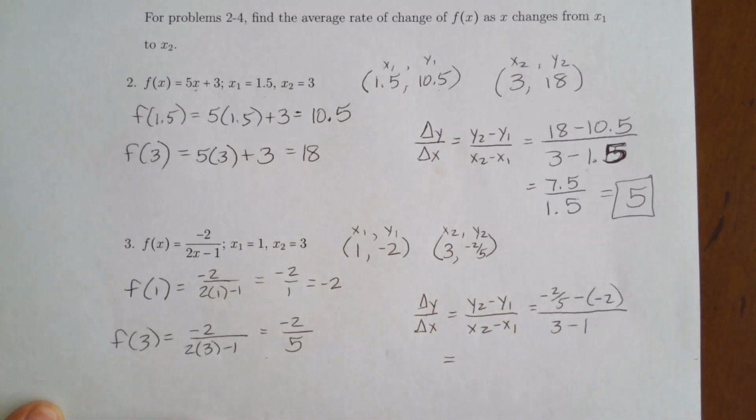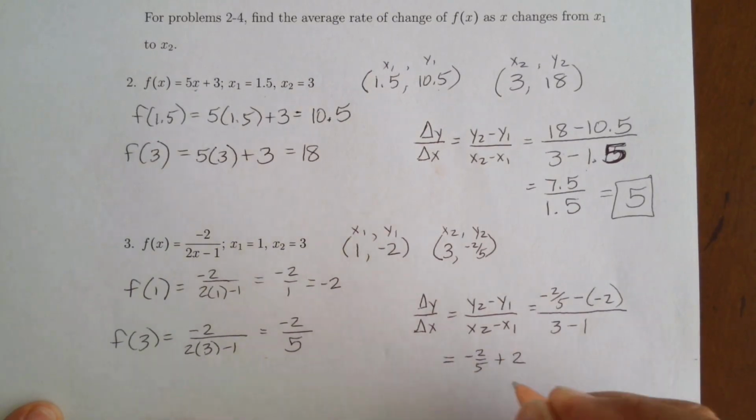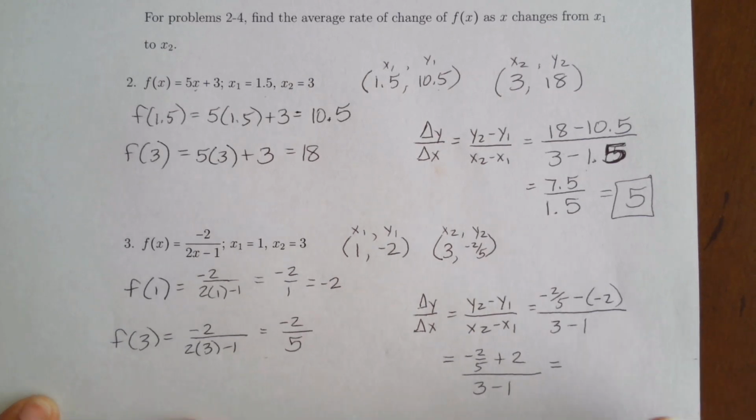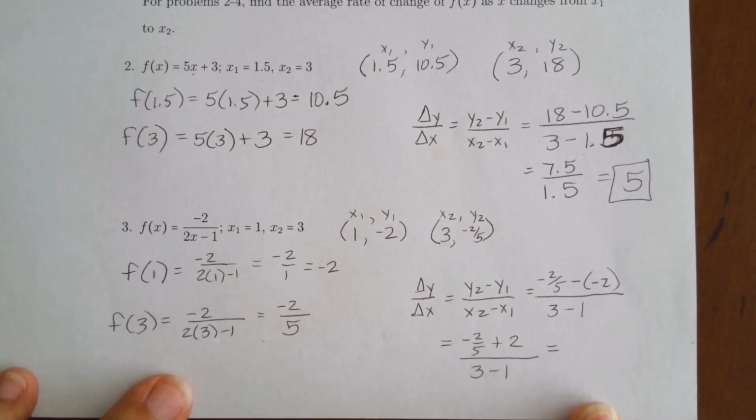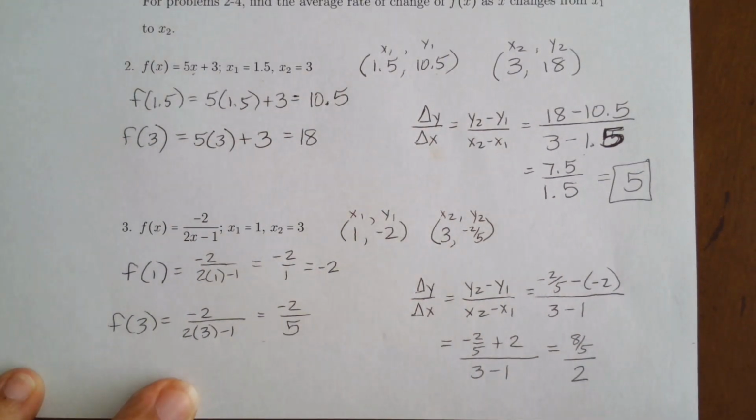Okay. So that gives you negative 2/5 plus 2 over 3 minus 1. Okay. Negative 2/5 plus 2. 2 is the same thing as 10/5, so that gives you 8/5 in the top. And 3 minus 2 in the bottom is 2.